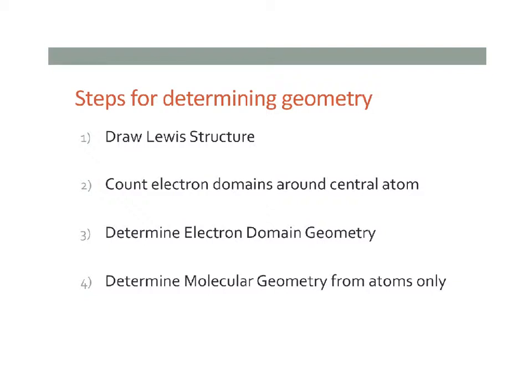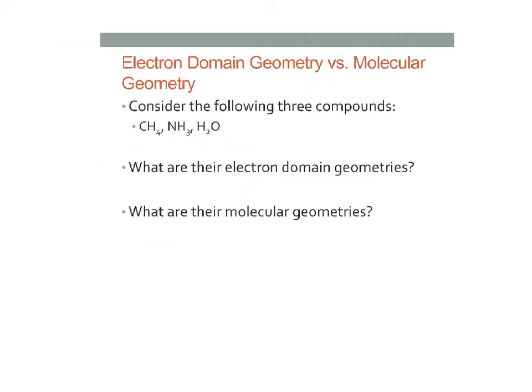Remember, this is going to be either bonded pairs or lone pairs. Then, from the electron domains, you'll be able to, in step 3, determine the electron domain geometry. This was what we covered in the last video. Finally, once you know what the electron domain geometry is, you can then determine what the molecular geometry is. And like I said, the difference between 3 and 4 is going to be based on just the bonded atoms. All right, so let's go ahead and start taking a look at some examples.